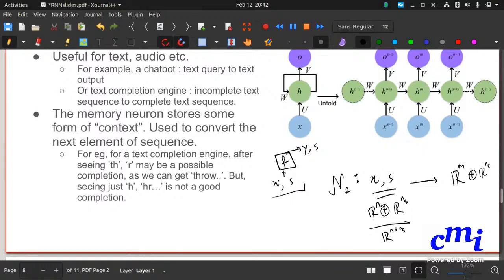But the question is, is having an f that just does this itself expressive enough? If I somehow give you a god-given f, even then, can I always accept or reject any class of languages by just having a system that takes in x0, x1, x2 and some s0 and applies this same f over and over again?